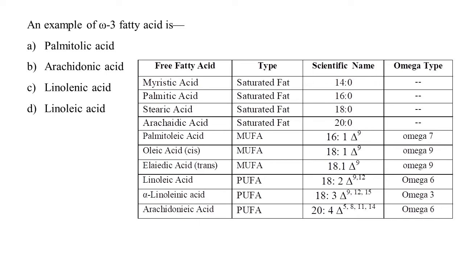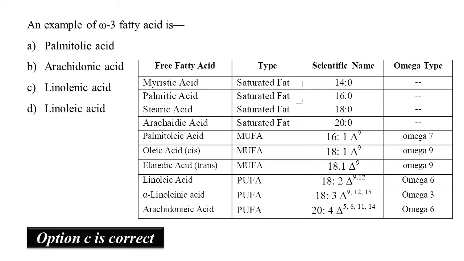Alpha linolenic acid, a polyunsaturated fatty acid having 3 double bonds, belongs to the omega 3 category. Remember, omega 3 and omega 6 are good for health. In the present case, linolenic acid has to be the correct answer. Hence, option C is correct.